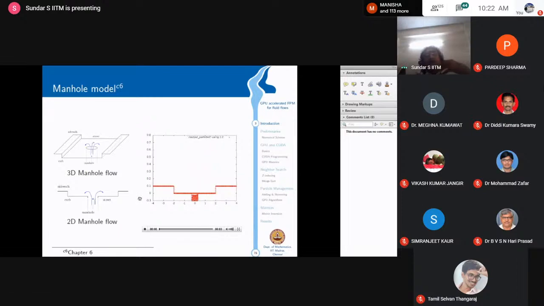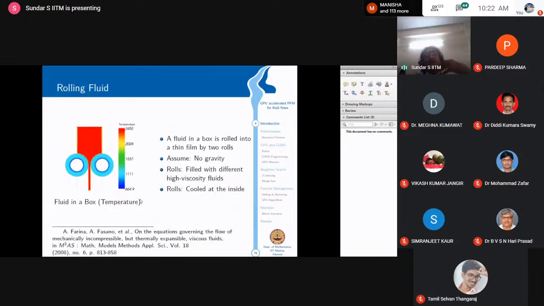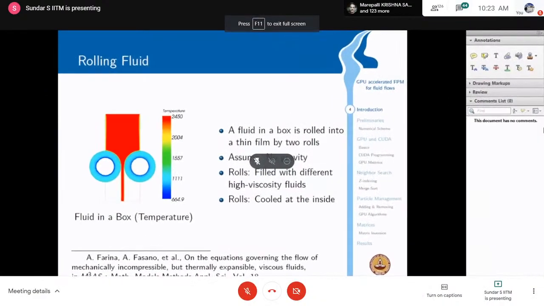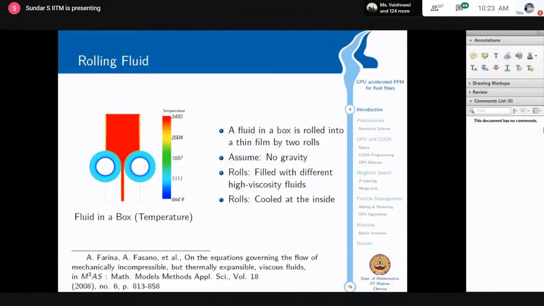Okay. The next problem is a rolling fluid in a box. Basically, there are companies that produce thin films, for example, a window screen and a car window screen. Even in buildings, you have a room with glass windows.